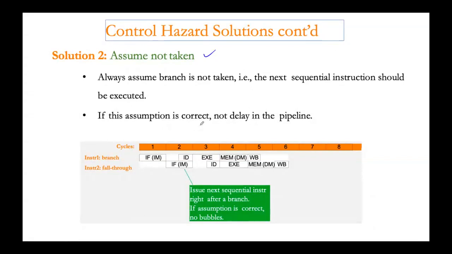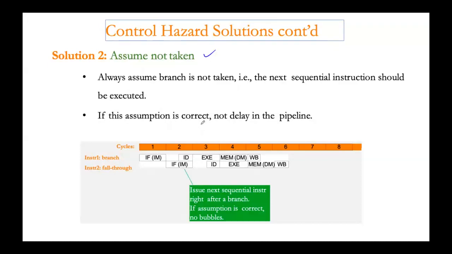So the intervening instructions between the branch and its target are then executed. If the branch is not taken, this is not a harmful or disruptive technique. However, if the branch is taken, then we must discard the results of the instructions executed after the branch statement.